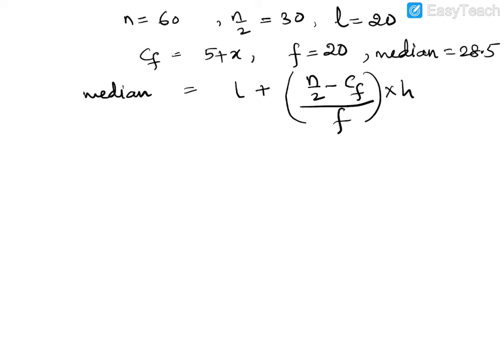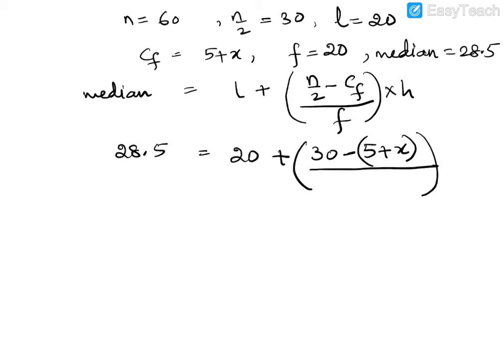Substituting these values in the formula, on the left hand side we have 28.5 equal to, on the right hand side, 20 plus in brackets 30 minus 5 plus x. Now write 5 plus x in the bracket because there is a minus sign before it. Whole divided by f, which is 20, multiplied by h, which is 10.